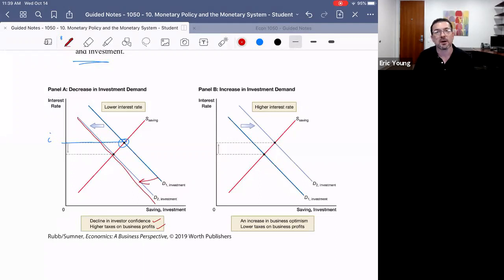Shifting the curve down, you're going to get a new equilibrium and a lower interest rate. You can also see over here that if the demand for money increases, you're going to shift from one equilibrium to another, and interest rates will rise.